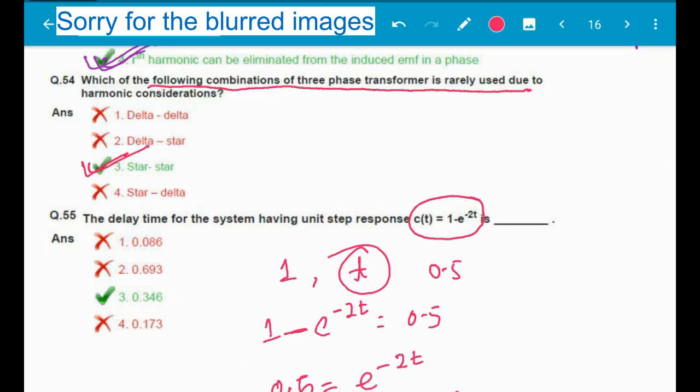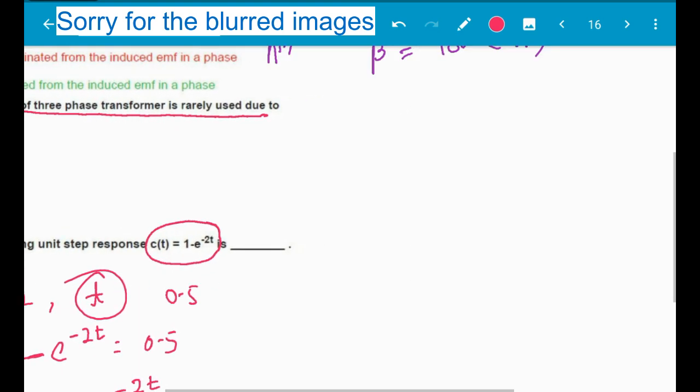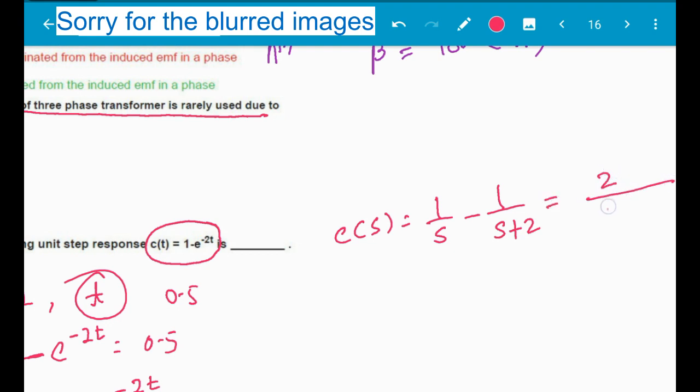So why am I telling that this is a first order system? First thing, here C(s) is equal to 1 by s minus 1 by (s plus 2), which is 2 by s into (s plus 2), and R(s) is given to be a step input, so this is 1 by s.